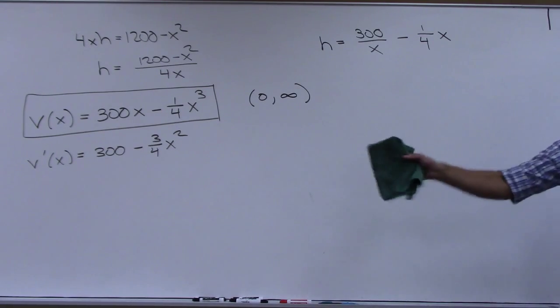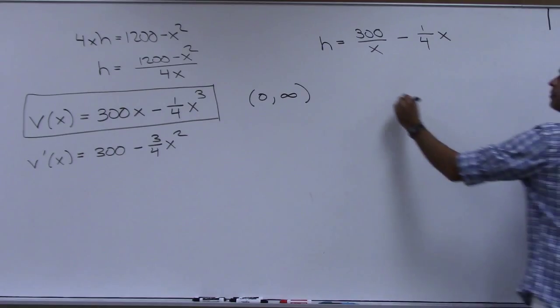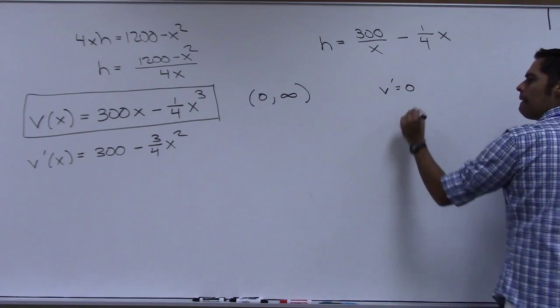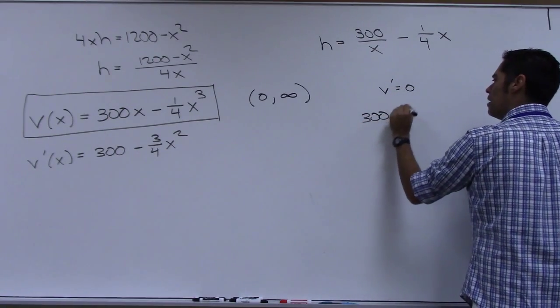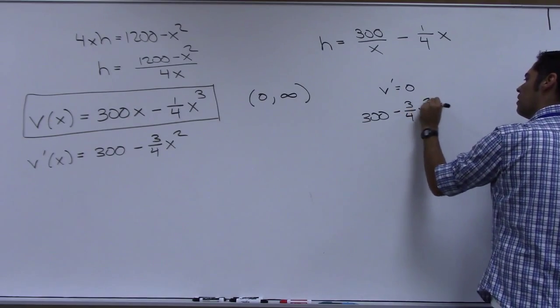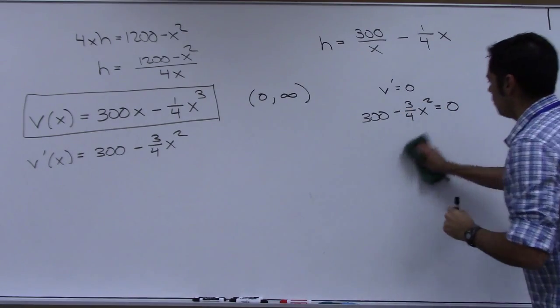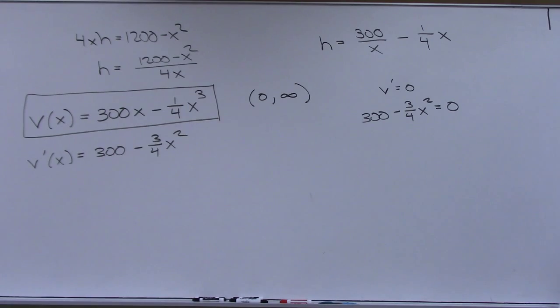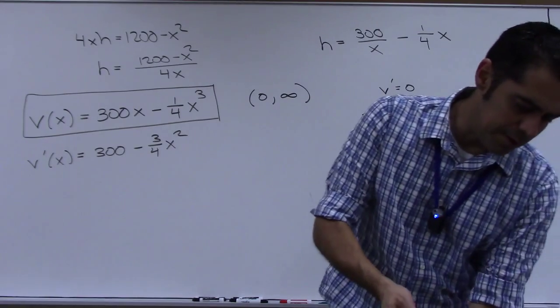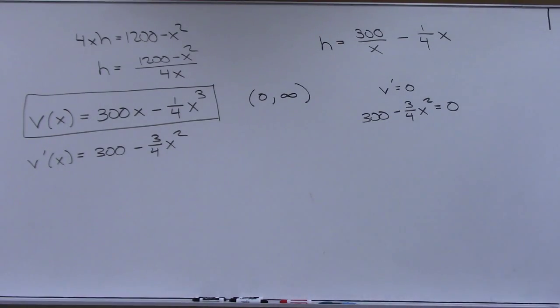And to find the critical numbers, we set that equal to 0. So 300 minus 3/4 x squared equals 0. Go ahead and solve that. Solve that yourself and plug in test points and see what you get.